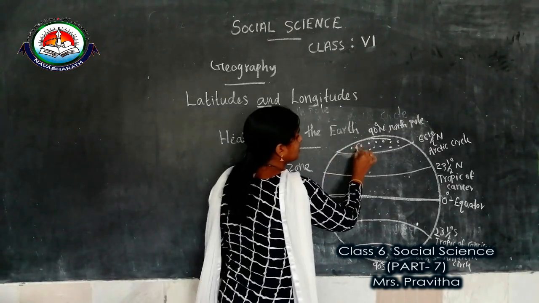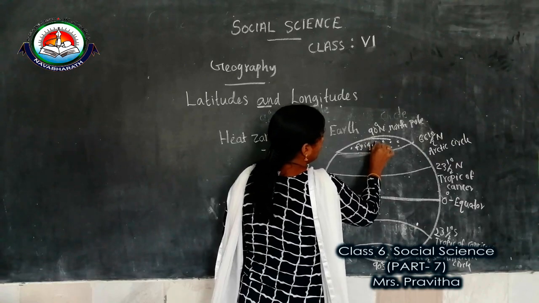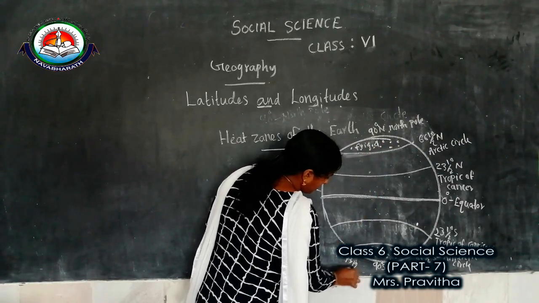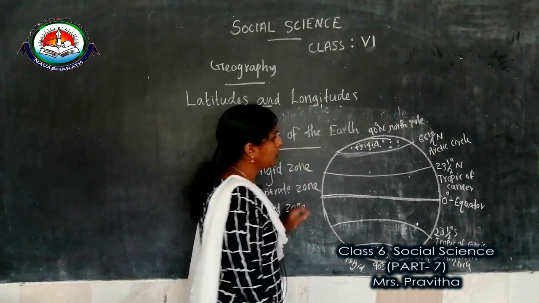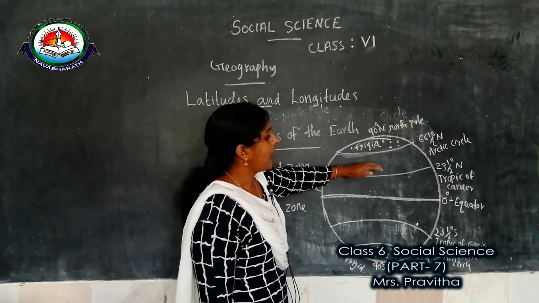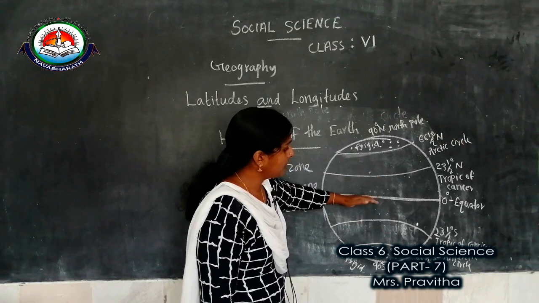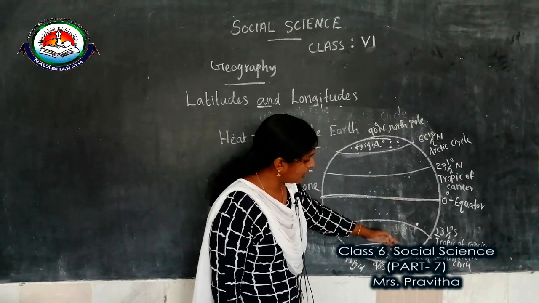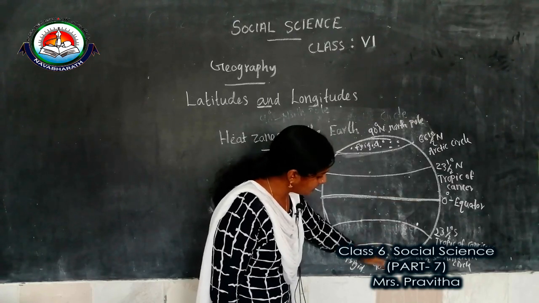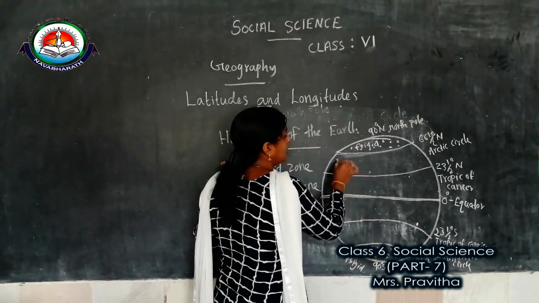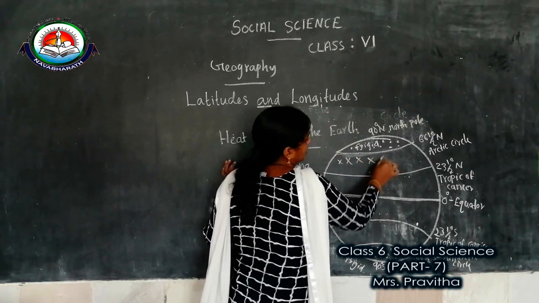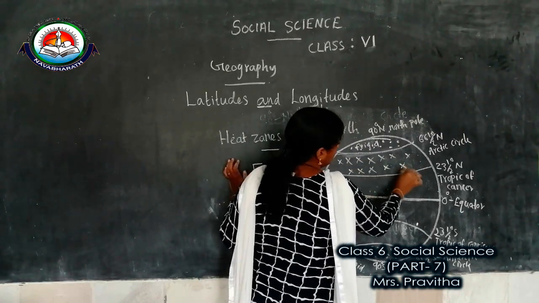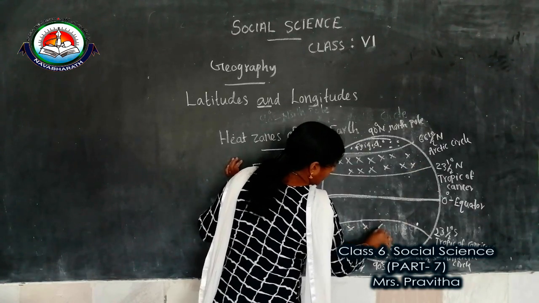The frigid zone we already discussed. So between the Arctic Circle and the Tropic of Cancer in the northern hemisphere and the Tropic of Capricorn and the Antarctic Circle in the southern hemisphere, they get only moderate heat. This region is known as the temperate zone.